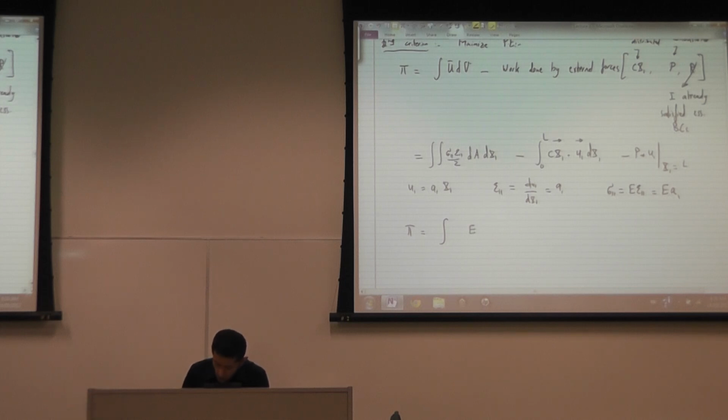So E a1 squared over 2, area, integrated from 0 to L, dx minus C. Instead of u1, I'm going to use a1x1, so C a1 x1 cubed over 3 from 0 to L, minus P multiplied by a1 L.